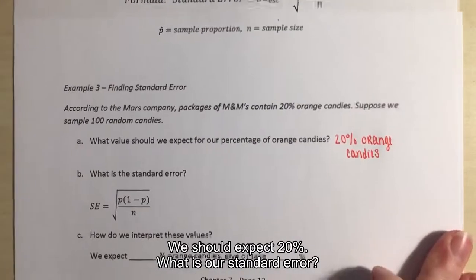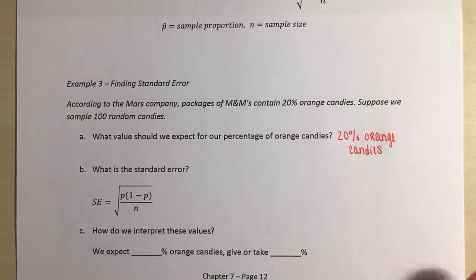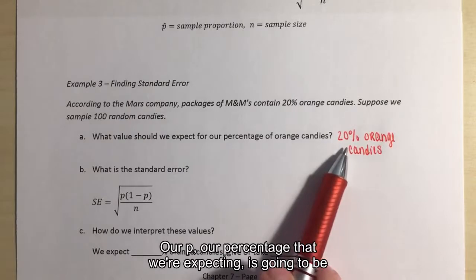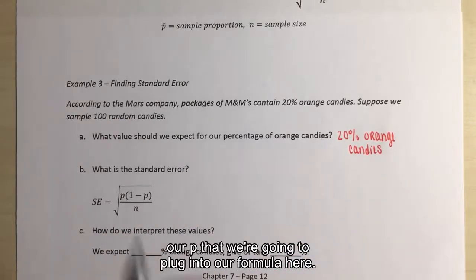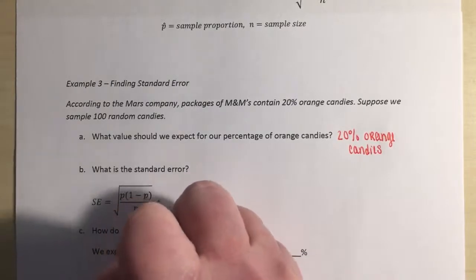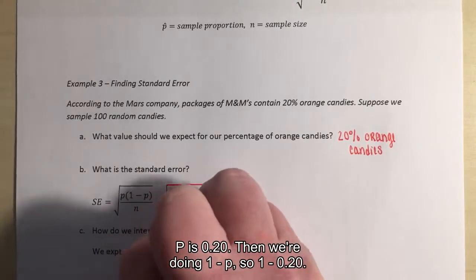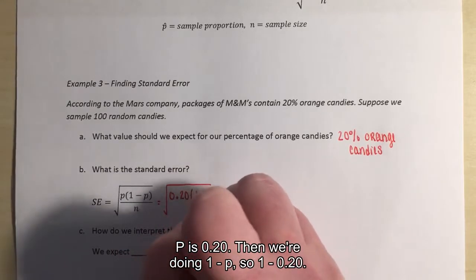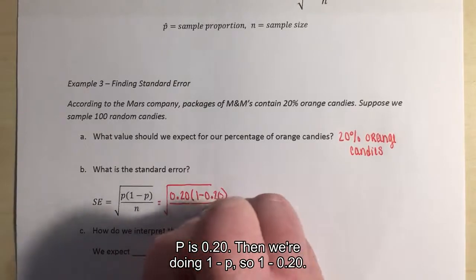What is our standard error? Well, here we're going to use the formula that we just saw above. So our p, the percentage that we're expecting, is going to be the p that we plug into our formula here. So p is 0.20. Then we're doing 1 minus p, so 1 minus 0.20.